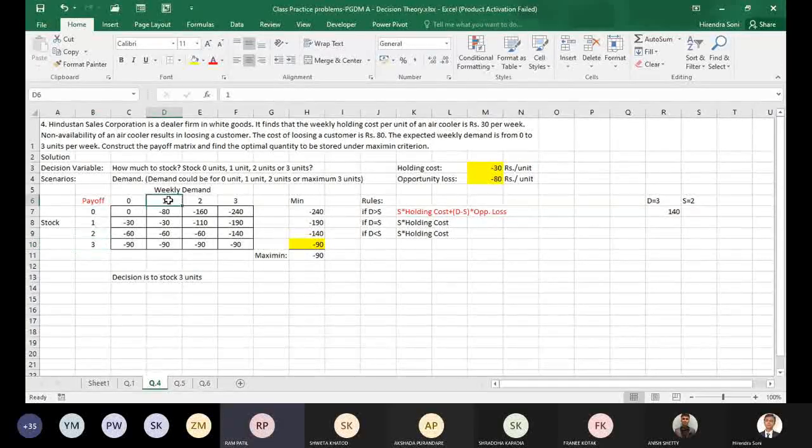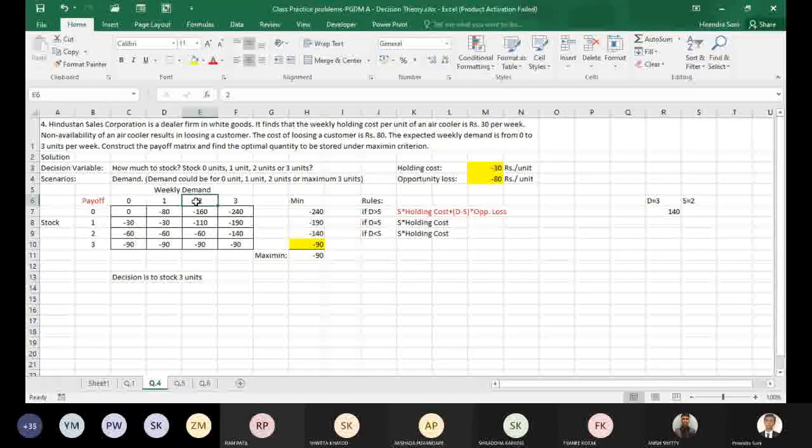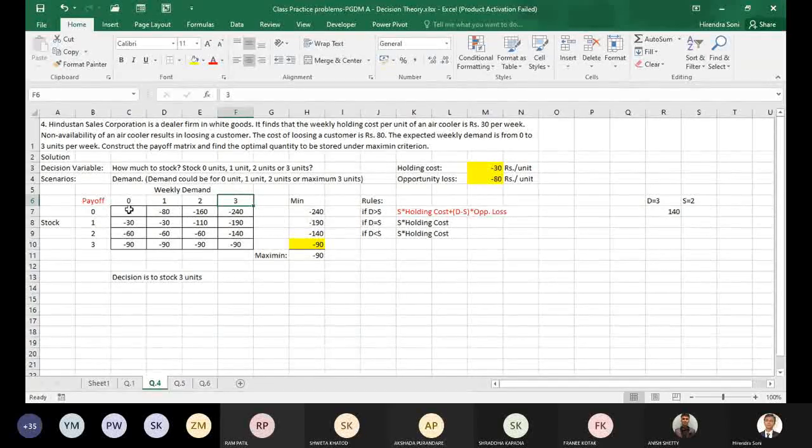When the demand is 1, you had 3 units, तो उसमें से एक आप बेच दोगे. Still there is no opportunity loss. When the demand is 2, since you had 3 units, there is no opportunity loss. If the demand is 3, there is no opportunity loss. तो opportunity loss की वैल्यू चारों सिचुएशंस में 0 है.